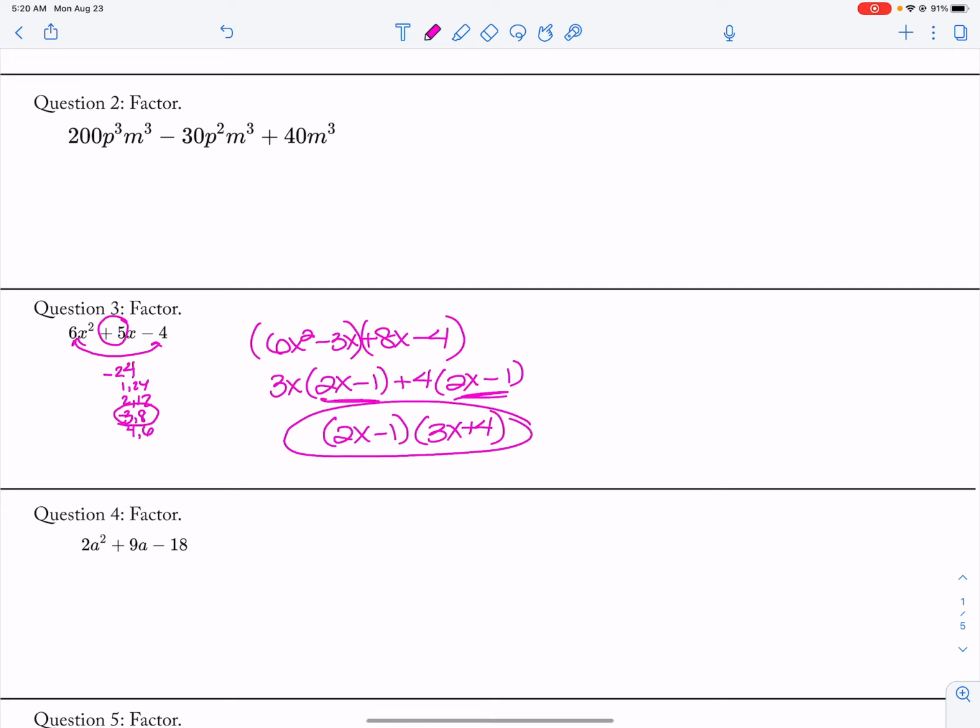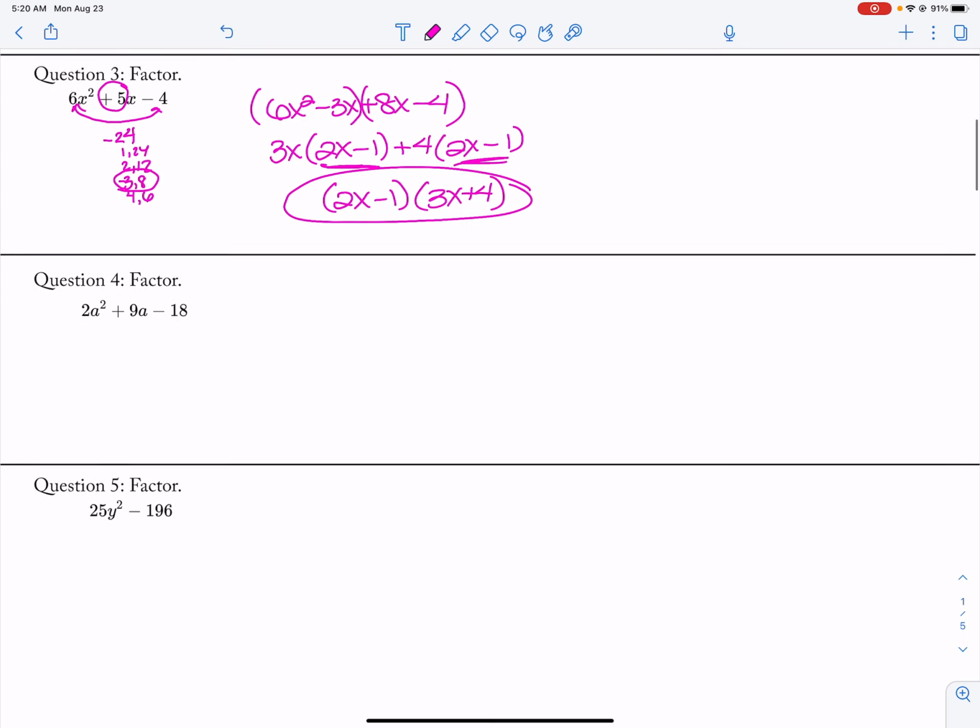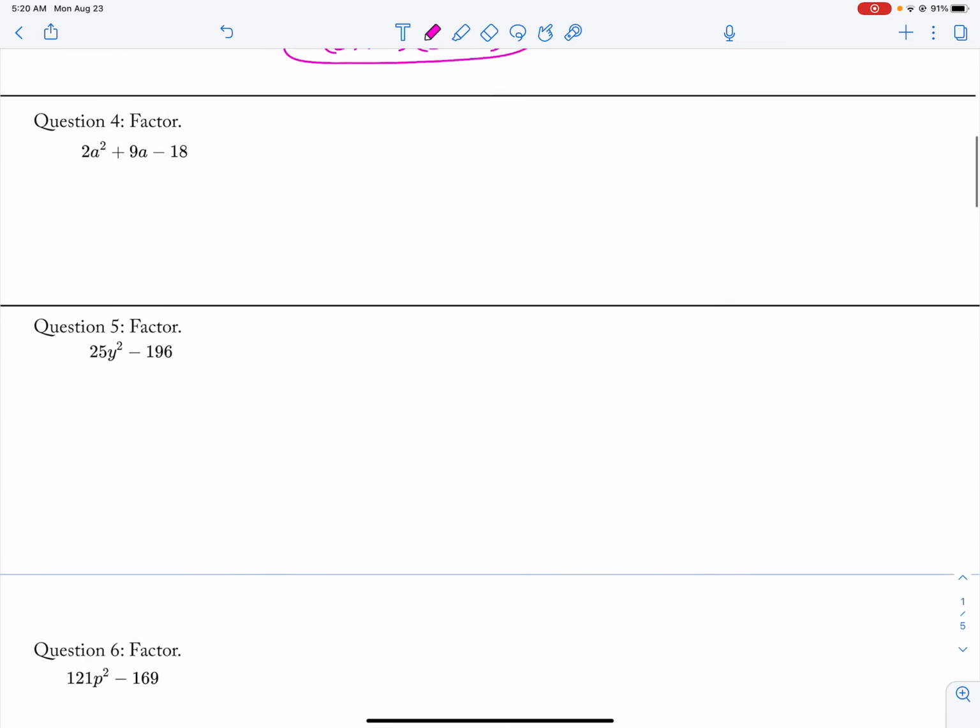Okay, we do the factor by grouping way at our school, but in the end, there are many ways to factor. I don't care how you guys factor, as long as you can factor quickly and efficiently and accurately. Whatever way is fastest for you that gives you the right answer, go with it.